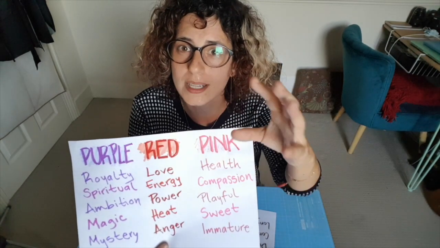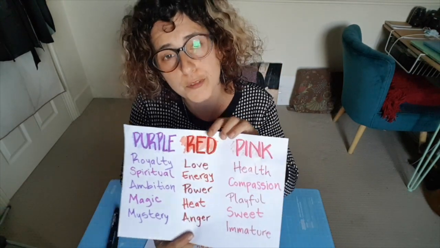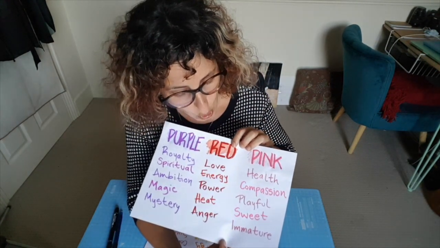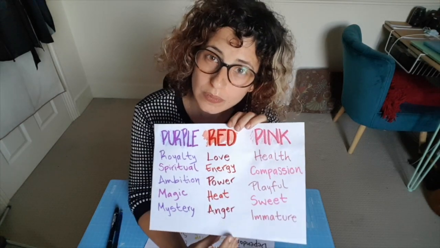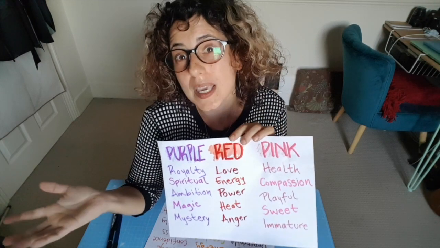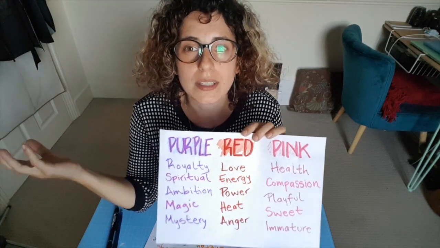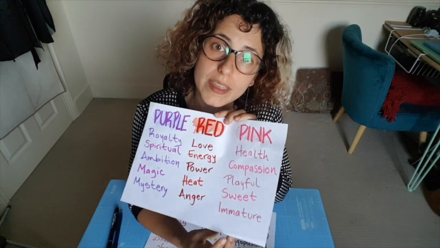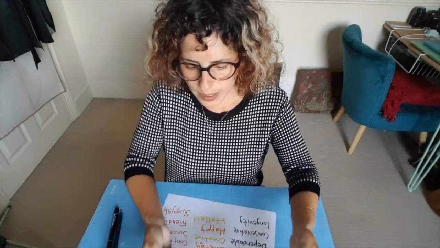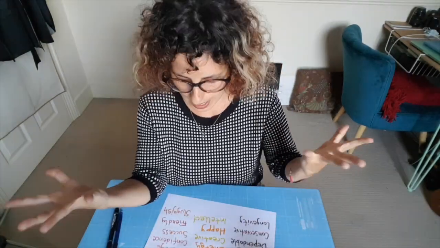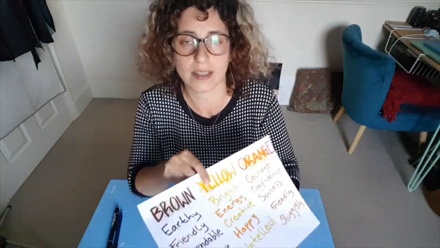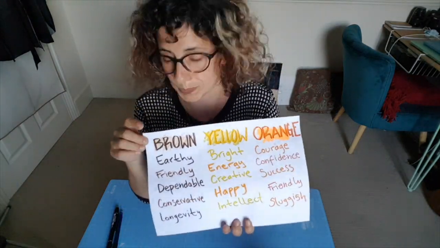It kind of brings in that sort of softness of compassion and sweet. It's also playful. Pink kind of makes you want to be maybe a bit more childlike and play around, but on the other side, it is also associated with immature. So as you can see, all colors have their positive and their negative, and it depends on what story you're going to tell how that color is going to be used.